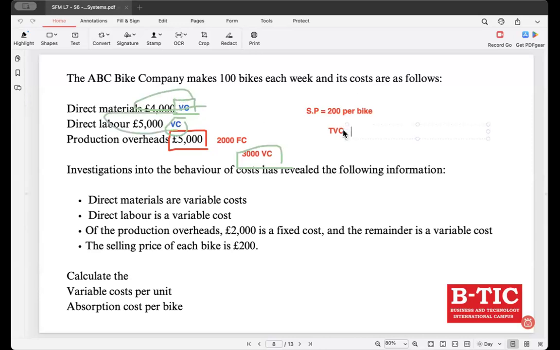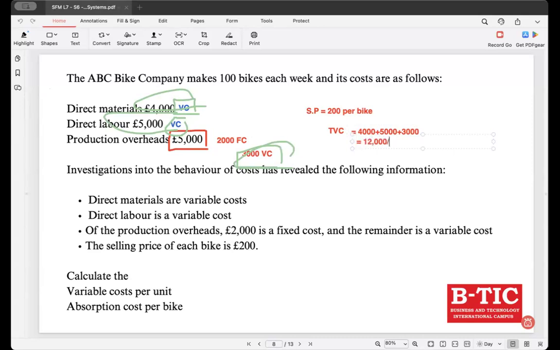So total variable cost equals £4,000 plus £5,000 plus another, sorry, not 5,000, £3,000, which is this one, right? Because they say out of 5,000, 2,000 is fixed cost and 3,000 is variable cost. So that's going to give you the answer 12,000.